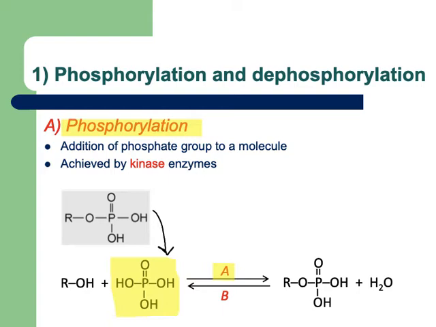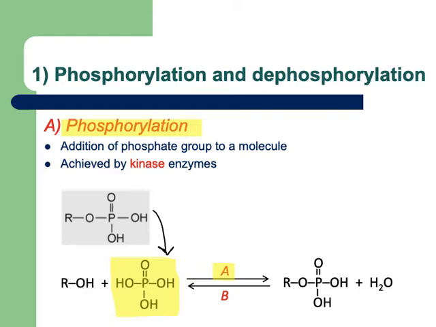As you can see in the reaction below, we have an R group, which is just a random molecule with a hydroxyl group or an alcohol that's being added to a large phosphate molecule. And if we go in a reaction to the right, follow the A arrow, we form a new molecule, which has R bound to a large phosphate group, and then we have the removal of water.